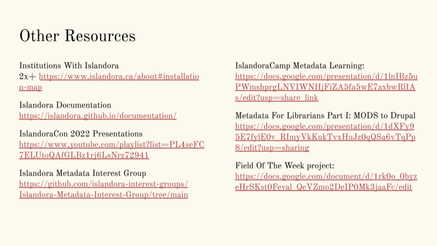And the final is this living document where we've been going through a single field in the starter site each week and going sort of in depth. And that's something we're hoping to turn into documentation in the near future, as well as some ideas for additions to the starter site.